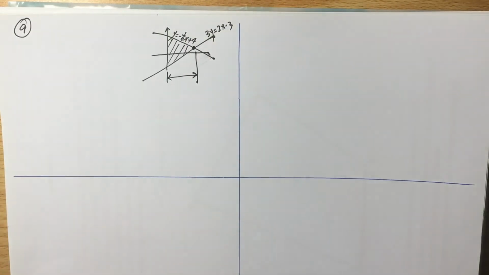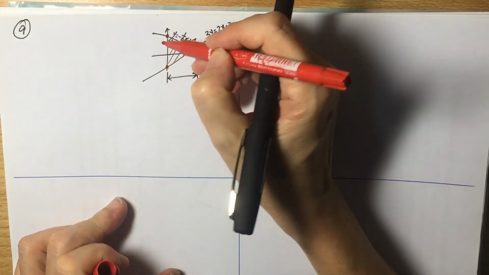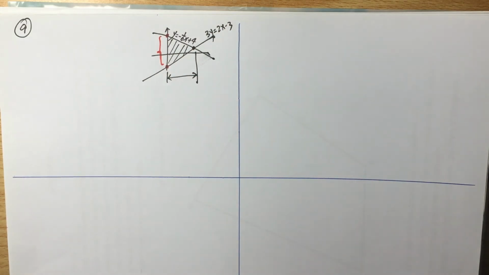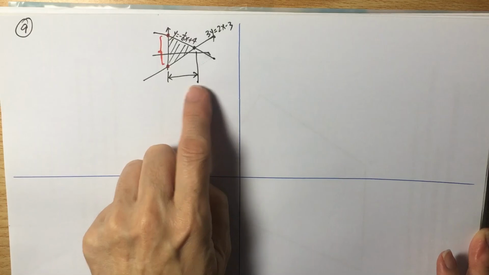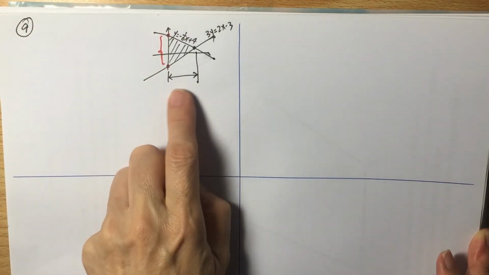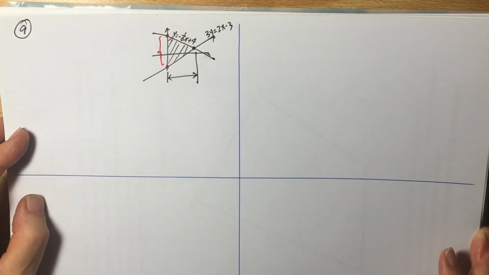Then I also need to find out what this point and this point are. Then I'll be able to find the length of this vertical length. So after knowing the vertical length and the height, this one we consider as the base and this is the height. So half base times height is our area of triangle.